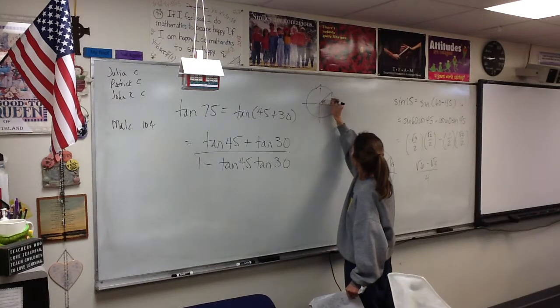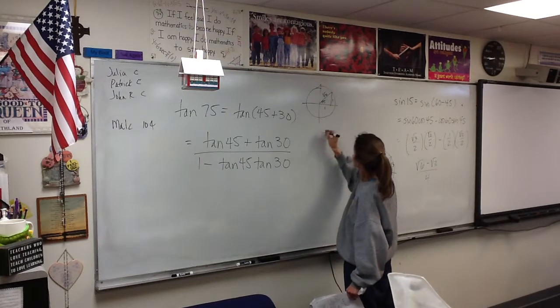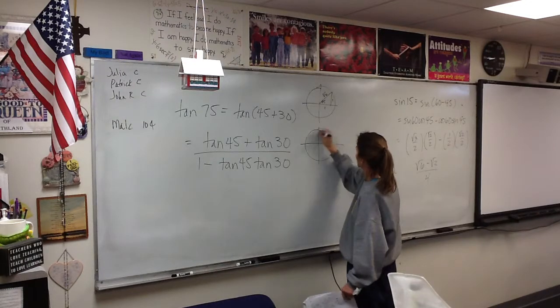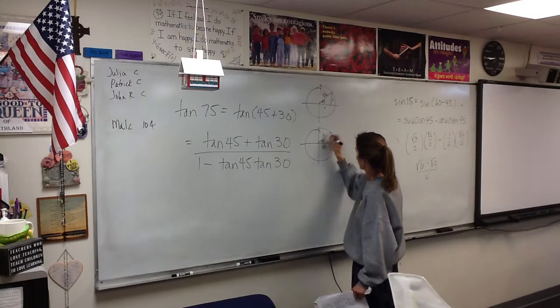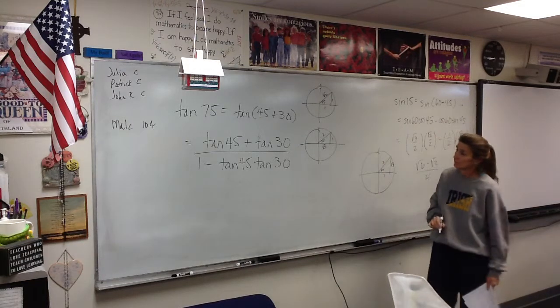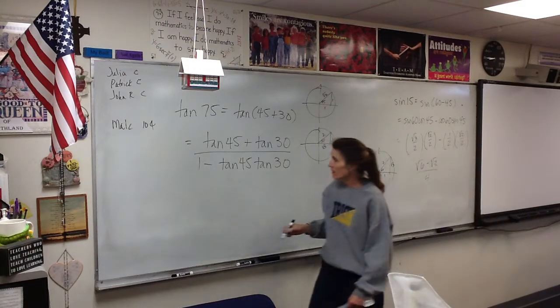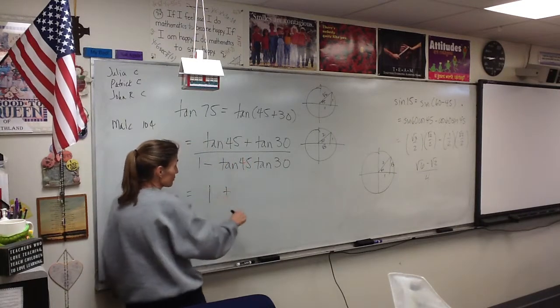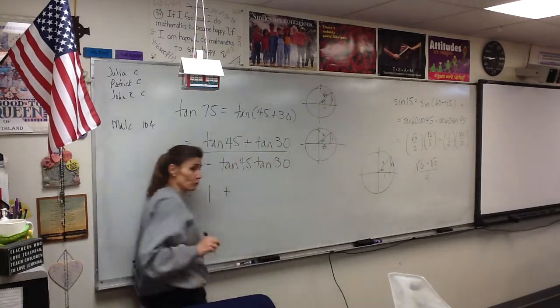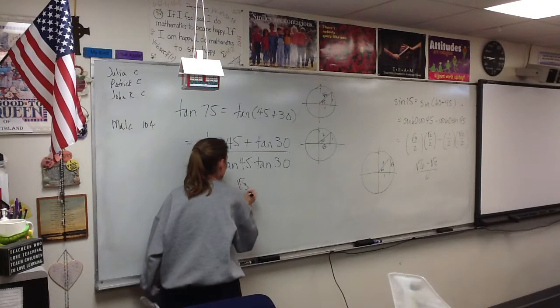Here's 45, and here is 30. So the tangent of 45 is 1, and the tangent of 30 is 1 over root 3, or root 3 over 3.